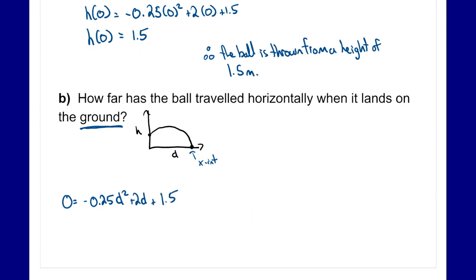This one actually works out nicely because I can common factor out this decimal. So I can common factor out a negative 0.25. I end up with d squared minus 8d minus 6, because I common factored out that decimal, so my numbers are getting a little bit larger.